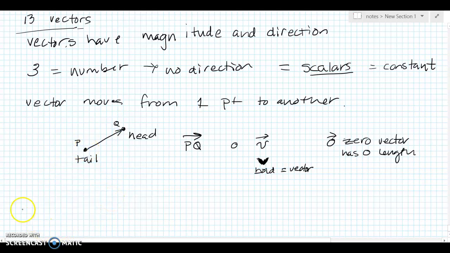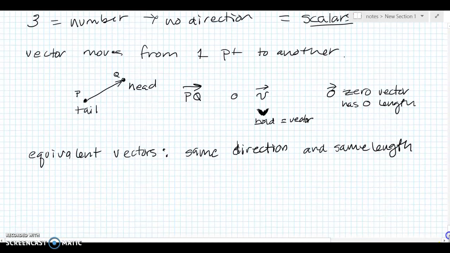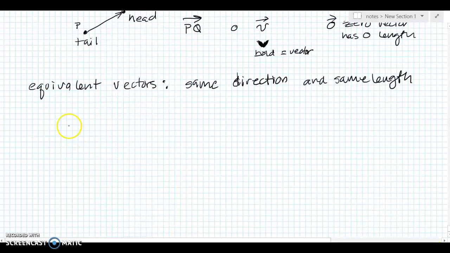What is an equivalent vector? So that we have to figure out. So equivalent vectors have same direction and same length. Okay, so the only difference here is that, let's see if I can draw a few.